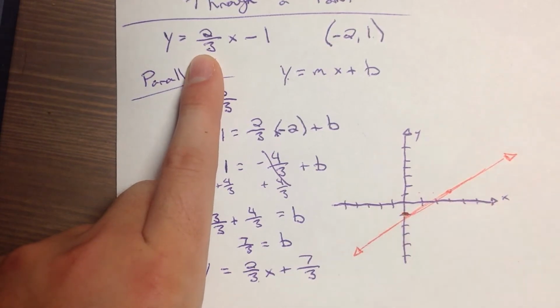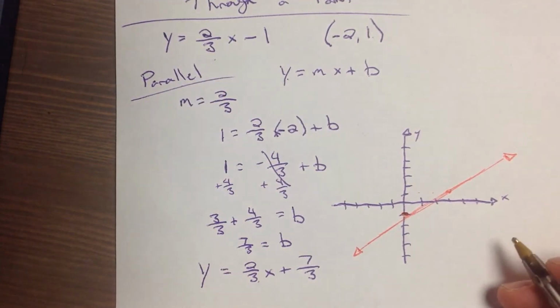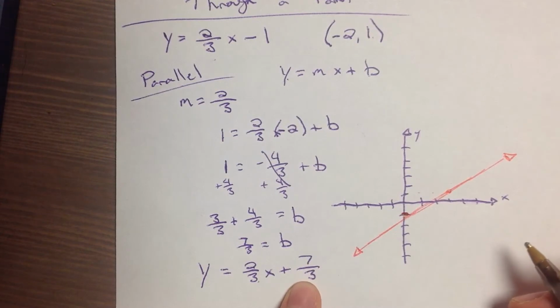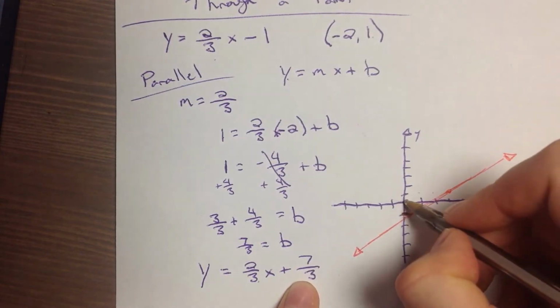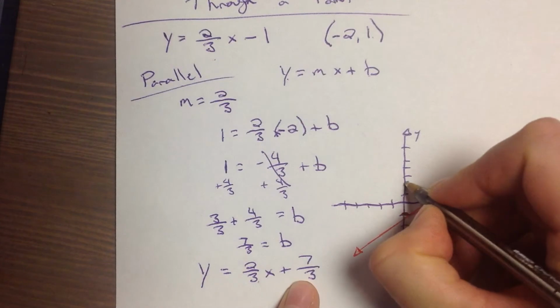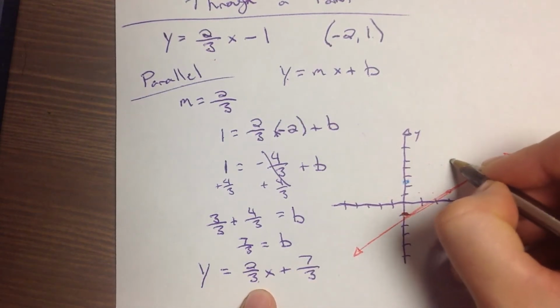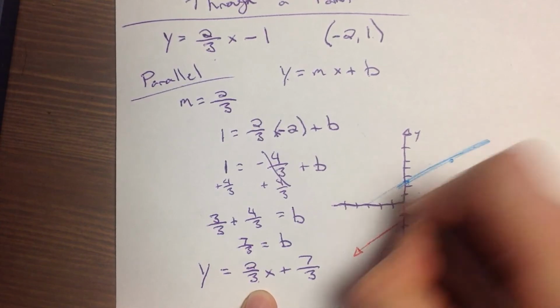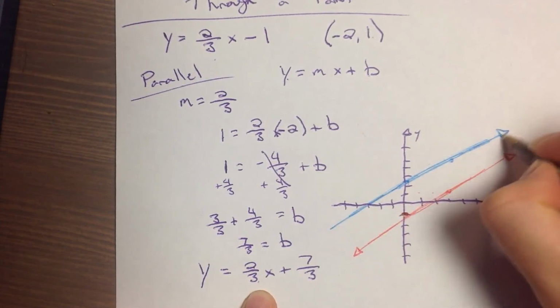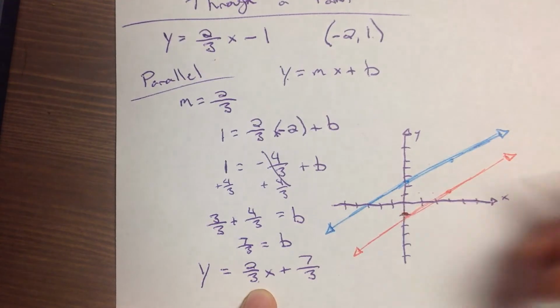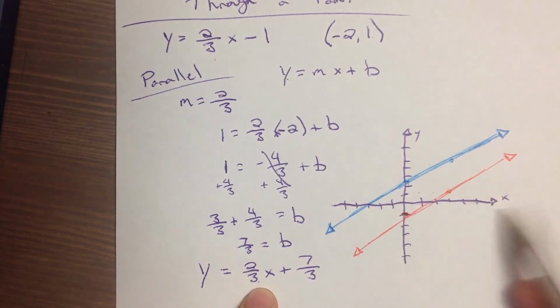So there's line 1. Line 2, start at 7/3. Well, that's 2 1/3. So if we come up 2 1/3, we're roughly here. We're going to go up 2/3, and so we're going to have a line that looks like this. Notice, parallel to each other.